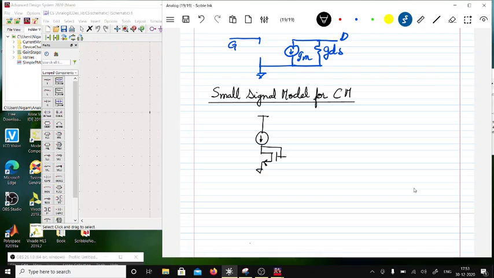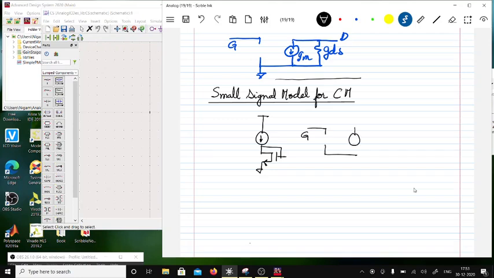Now let's see what is the property of this. If I assume a very simple model like this, then what do I have? I have the gate, and then I have a certain voltage as the input voltage, VI.